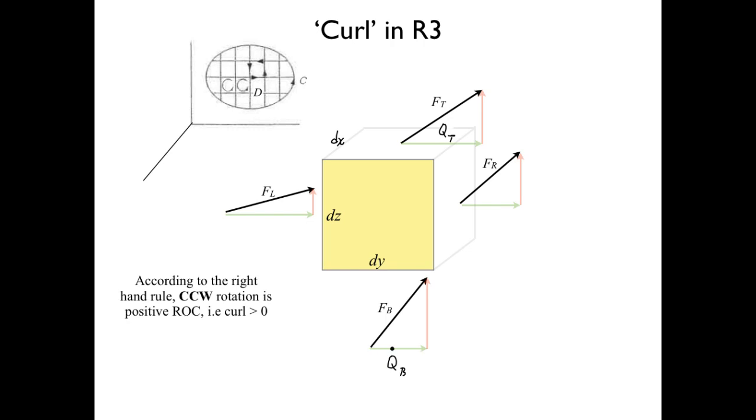Okay, so the change in Q, because that's the y component of our vectors, with respect to z is what's going to contribute to rotation in the yz plane. So for a little change, what is the change in Q here? If QB is this vector and QT is this vector, then what is dq?